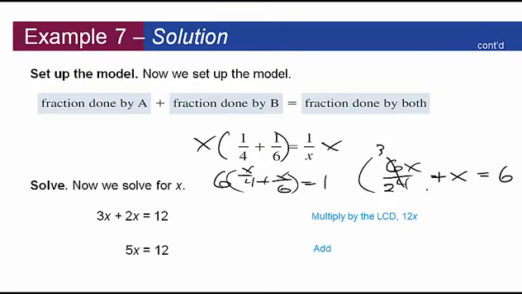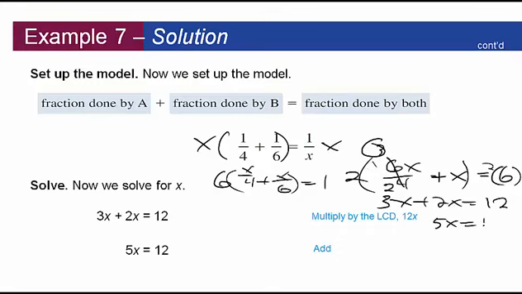And so now multiply everything by 2. So 3x plus 2x equals 12. Sorry, 3x plus 2x. I forgot the 3 was there. Right? Add these together. 5x equals 12. X equals 12 fifths.